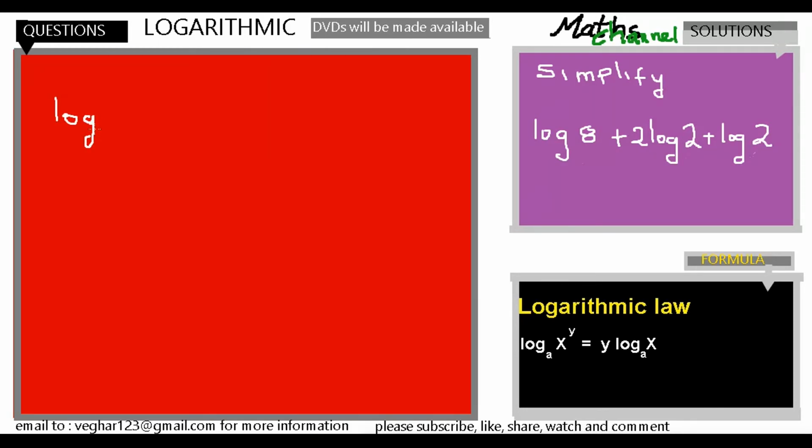Log 8 is like 2 to the power 3. There's 2 here. So you take the 2 to the other side using this law for the first one.